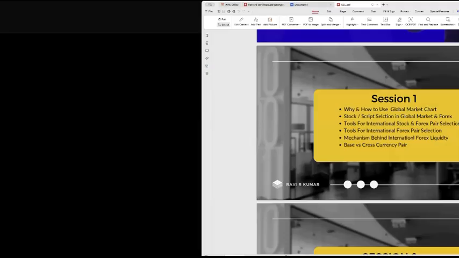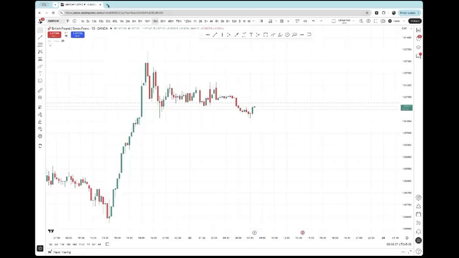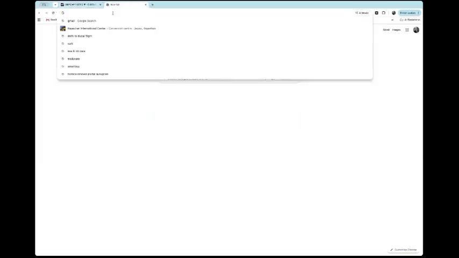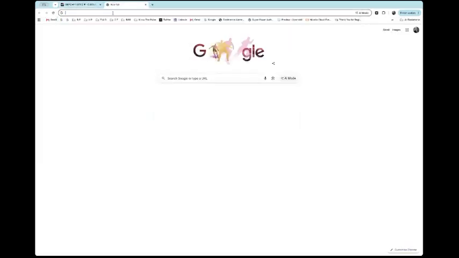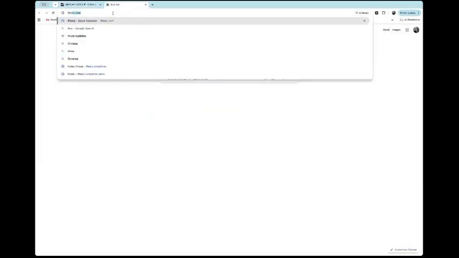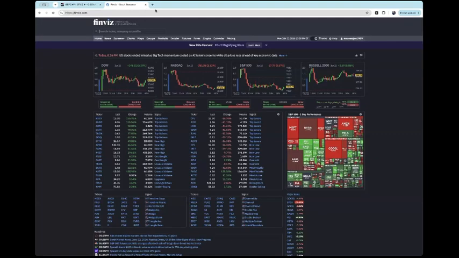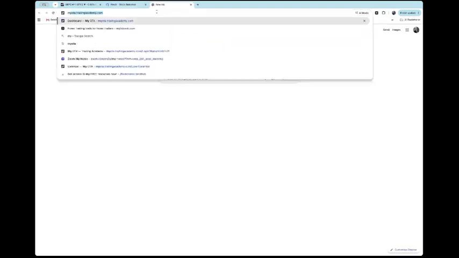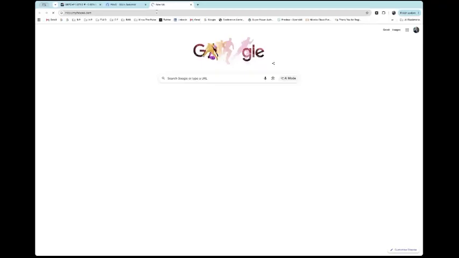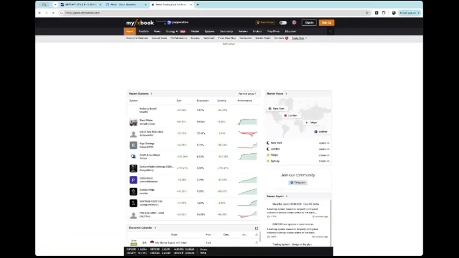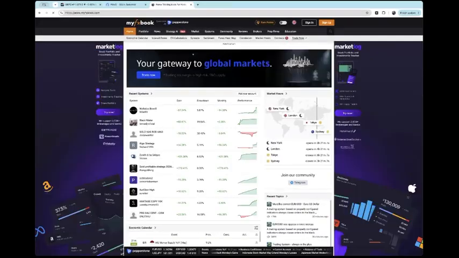Liquidity means when you can get more trades. For example, this is the chart, Finviz.com, and this is the chart myfxbook.com. So Finviz.com versus myfxbook.com.